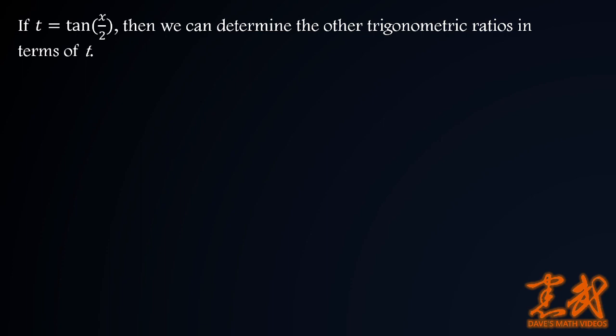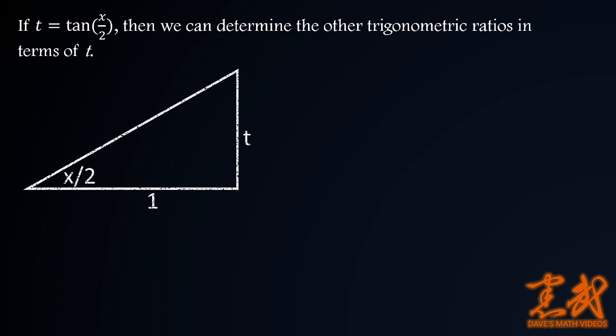As I said in the introduction, t is equal to the tangent of x over 2. Based on this fact, we can calculate the other trigonometric ratios in terms of t. We can do this by considering a right triangle, since the tangent is defined as the length of the opposite side over the adjacent side.